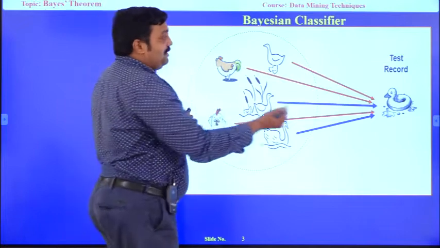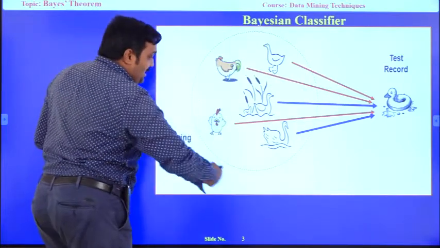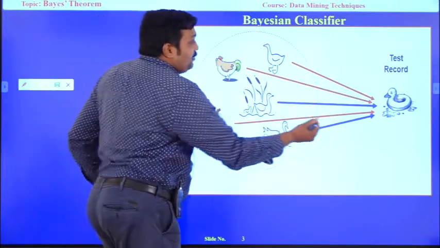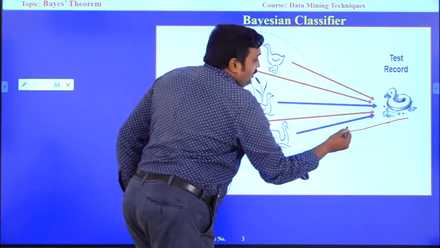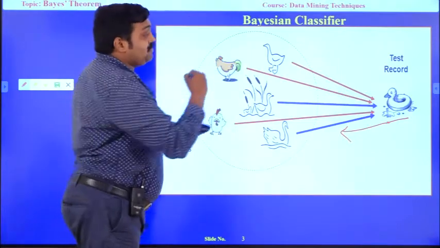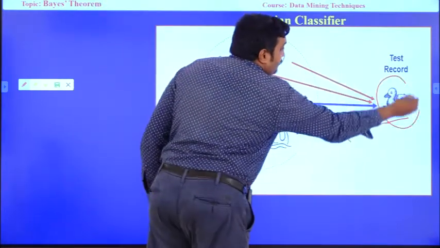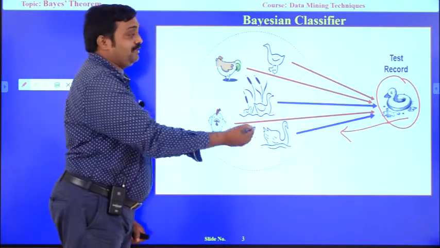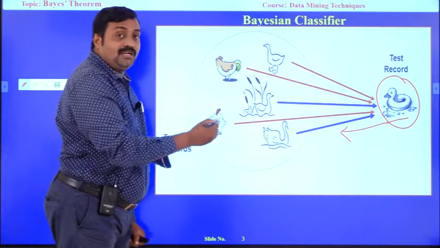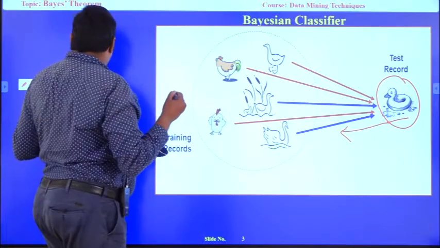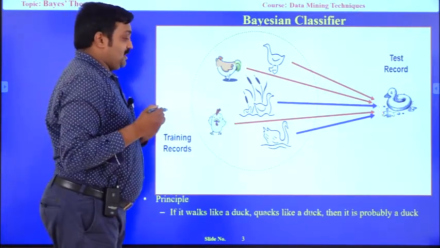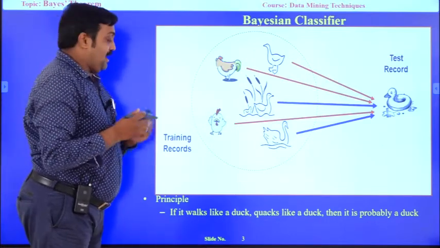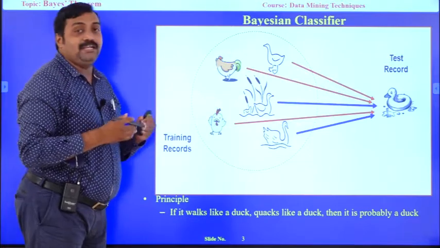Now, whenever a new bird enters the pool, based on its behavior, shape, walk style and talking style, we can identify what kind of bird it is. The simple principle is: if it walks like a duck and quacks like a duck, then it is probably a duck.